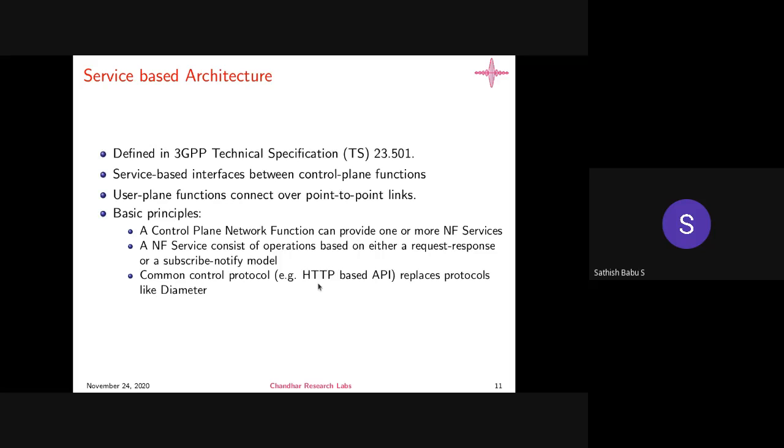Since this is an application layer protocol, everything is based on application program interfaces. It replaces the SS7 protocol in 2G GSM, and the Diameter and RADIUS protocols in 3G. Everything has been replaced by HTTP. These protocols also nowadays communicate through application program interfaces, which is not possible in either 3G or 4G architecture.